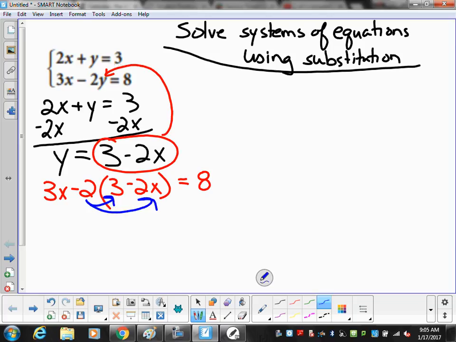Alright, so to get the x by itself now, we need to distribute. I distribute the negative 2. You do how you want to do that, but I distribute the negative. So negative 2 times 3 is a negative 6, or minus 6. Negative 2 times a minus 2x is a positive 4x.